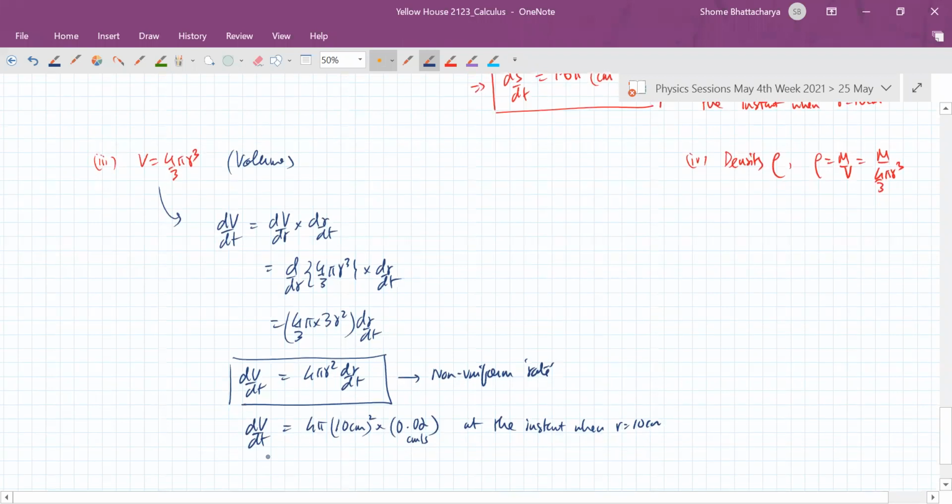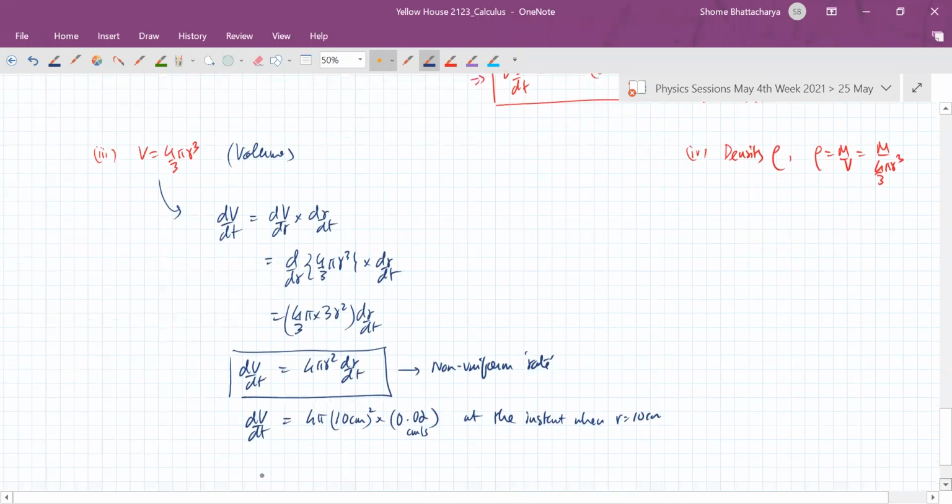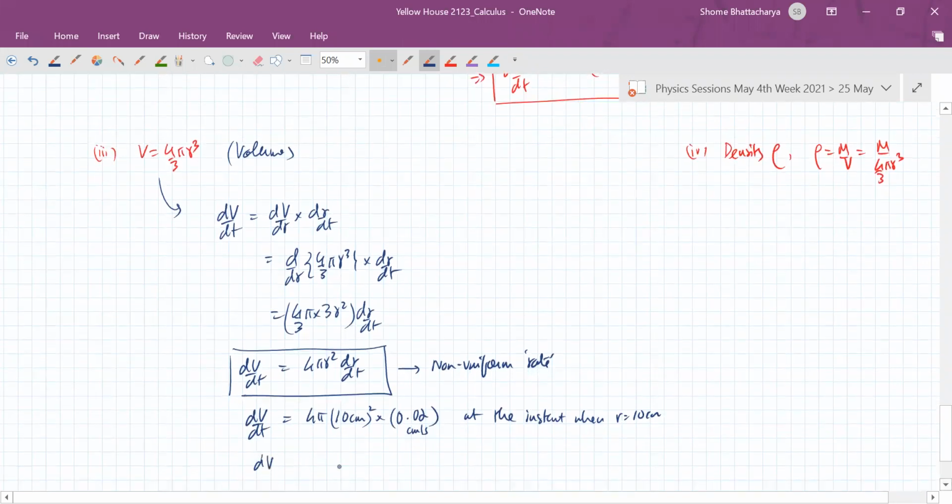So it becomes 8 pi cubic centimeters per second, or more precisely 8 into 3.14 cubic centimeters per second, or if you want to convert it to millimeters cube per second, this will become 8 pi into 10 raised to 3, or 8000 pi millimeter cube per second.